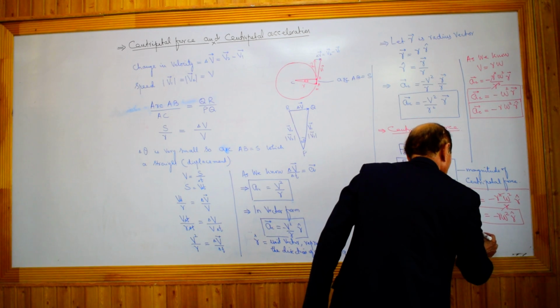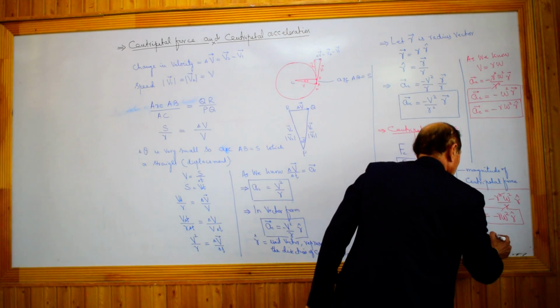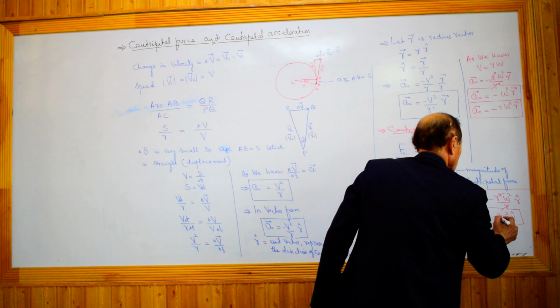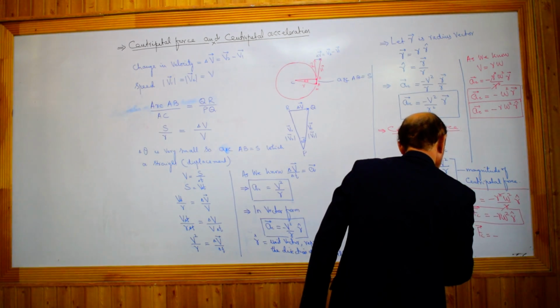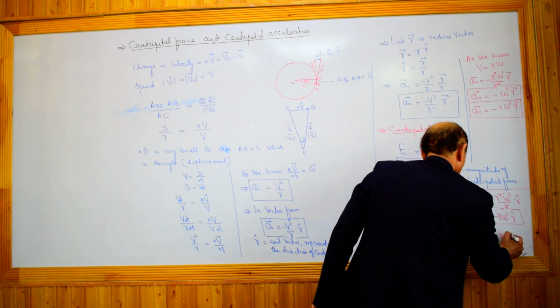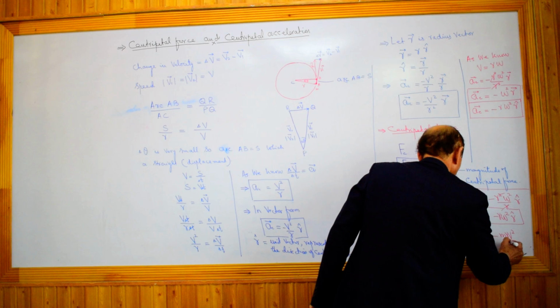Similarly, centripetal force also in terms of position vector: minus m v square r divided by r square, with v square as r square omega square.